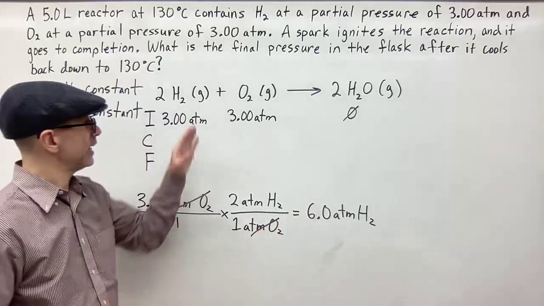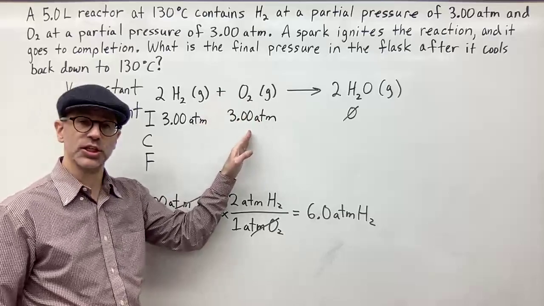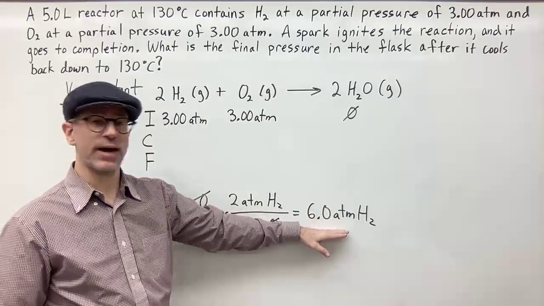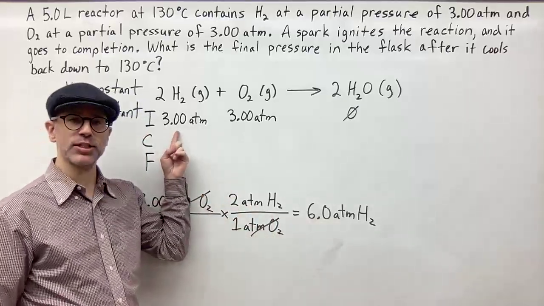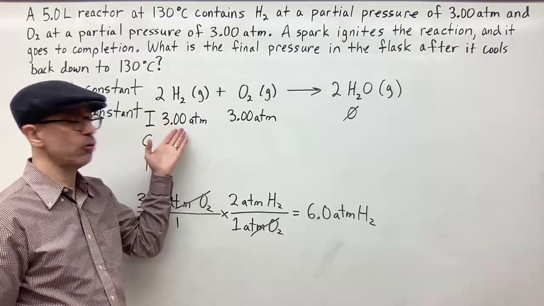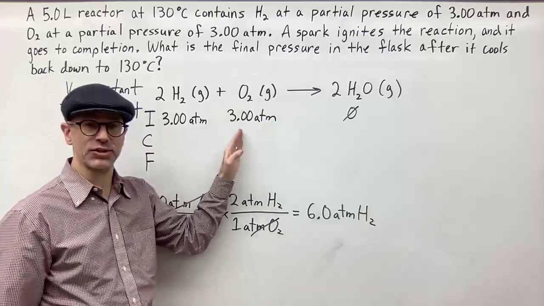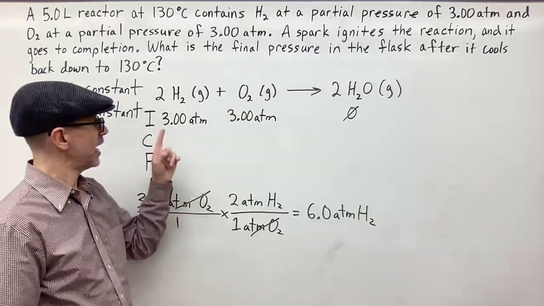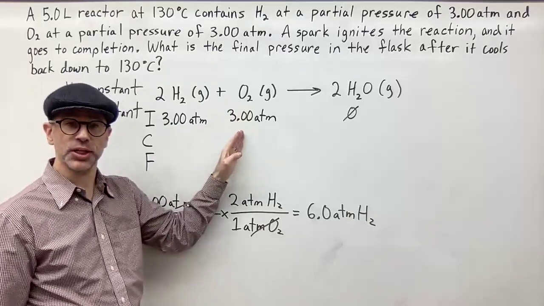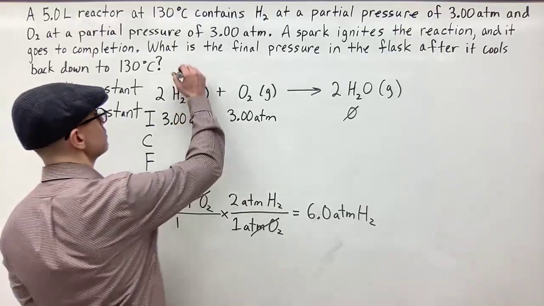It tells me that in order to react completely with the oxygen, I need 6.0 atmospheres of hydrogen. Do I have 6.0 atmospheres of hydrogen? No. So I don't have enough hydrogen to completely react with all the oxygen. That tells me I'm going to run out of hydrogen before the oxygen is completely reacted. Therefore, hydrogen is my limiting reagent.